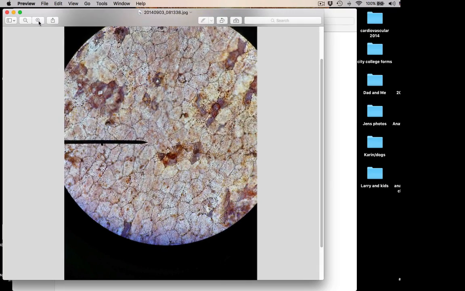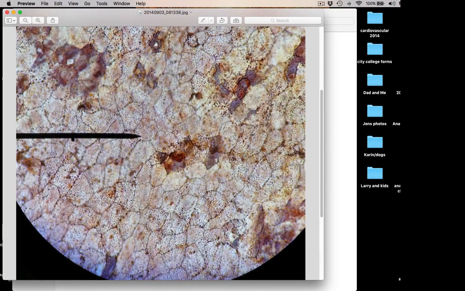So I showed you this in class. Here are the individual cells. You can see there's no space in between these cells. Very cellular, classic for epithelial tissue. This is mesothelium. Remember what mesothelium is?